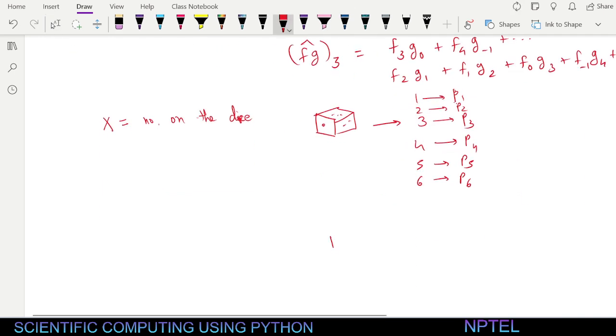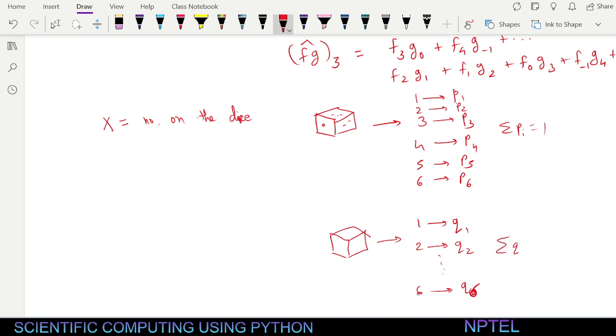Similarly, there is another die which has a different distribution, or maybe the same, which is q. So 2 has probability q2, etc., 6 has probability q6. Obviously the sum over p_i is 1, the sum over q_i is also 1, and all q_i and p_i are greater than or equal to 0.